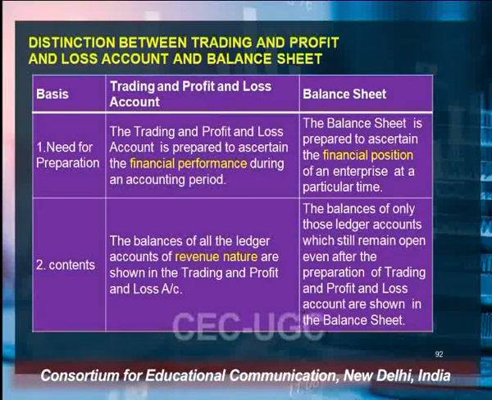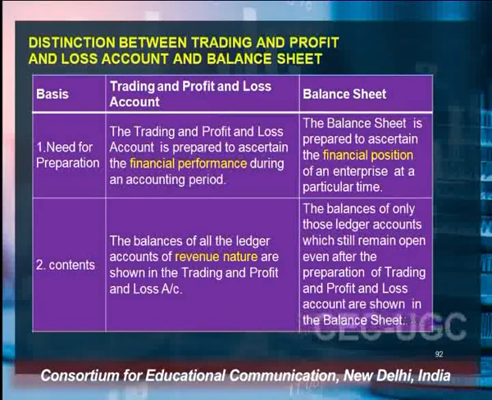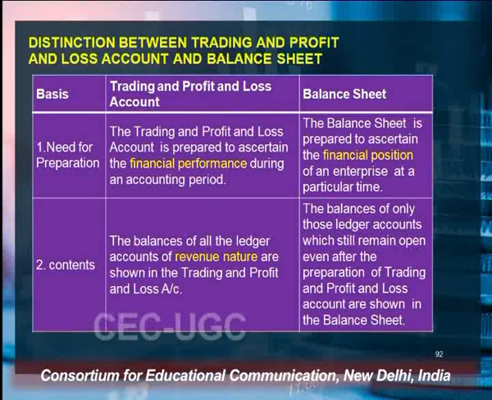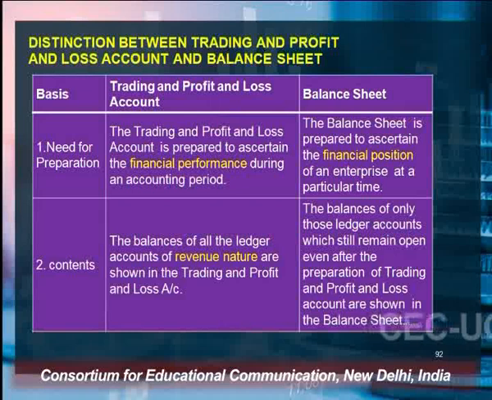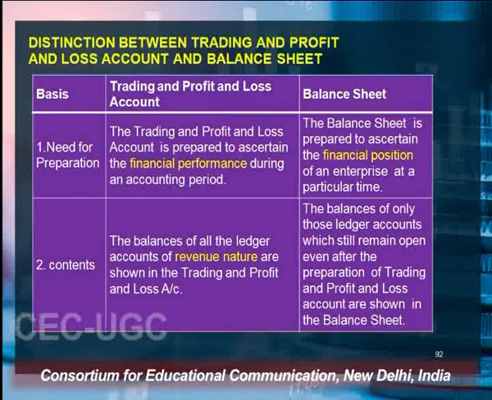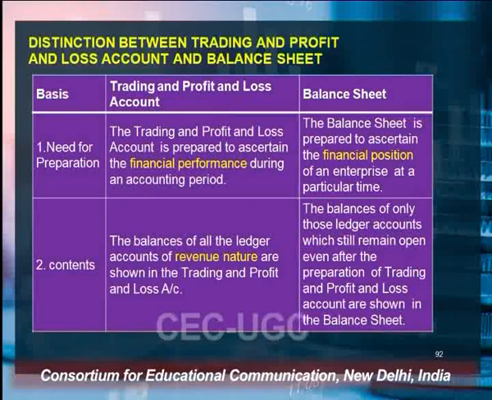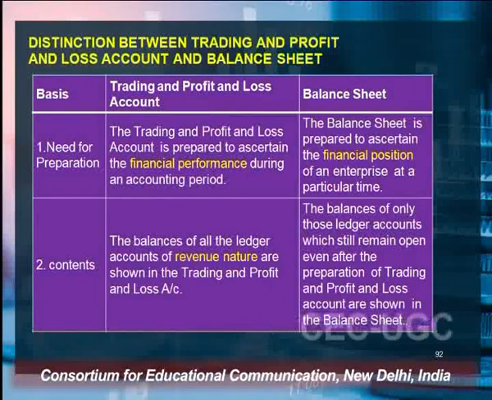Basically, accounts related to real and personal accounts, which are not closed till the preparation of the trading and P&L account, are shown in the balance sheet, and the accounts related to nominal accounts are shown in the trading and P&L account.